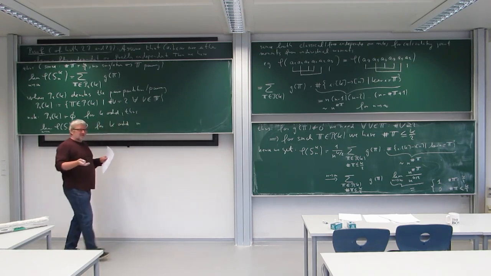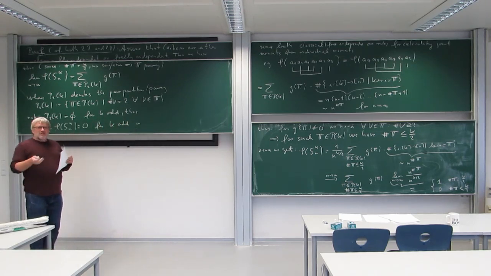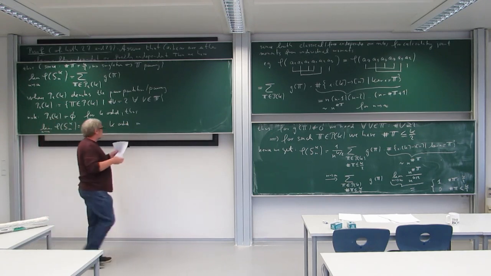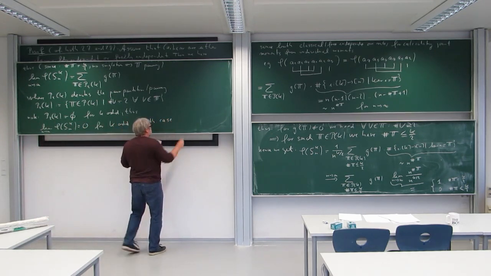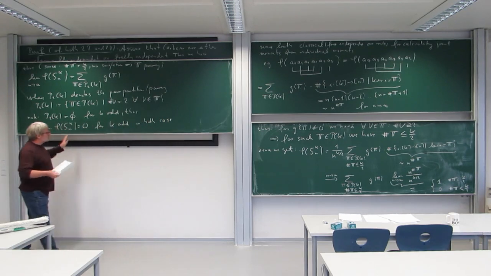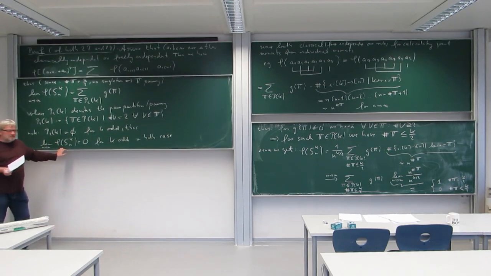Actually, this is in both cases. I mean, still, we're looking for the classical and the free case at the same time. And up to now, we have not made any differentiation. All the arguments were the same.